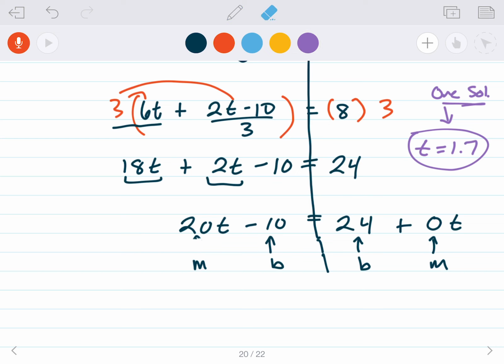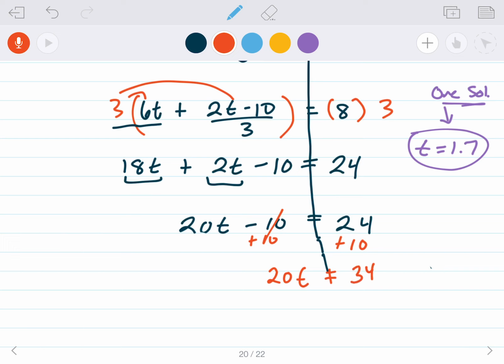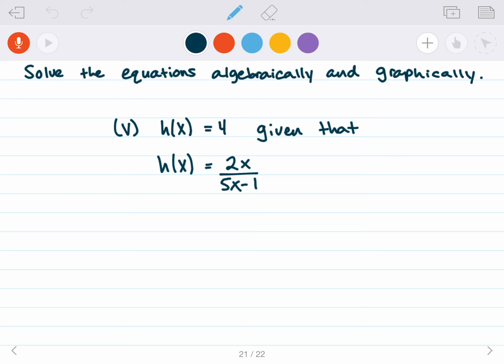Okay, now if I continue to solve this for t, I'm going to first add 10 to both sides, and I get 20 times t is equal to 34. Divide both sides by 20 to get 34 over 20, which should equal 1.7. So that's how we can finish the job off algebraically.